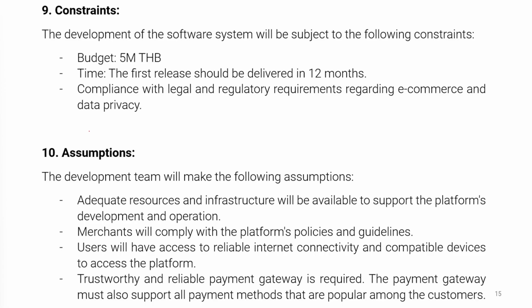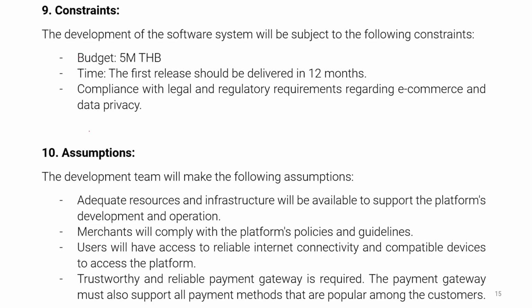The first is the constraints. The constraints of the project refer to any limitations or restrictions that may impact the project. That could be a budget constraint, a time constraint, technical limitations, or compliance with specific standards or regulations or laws.